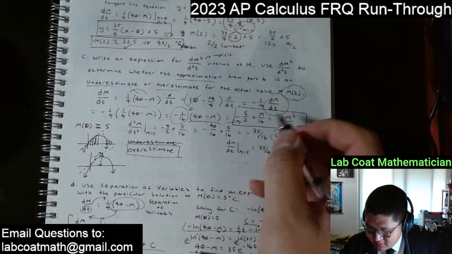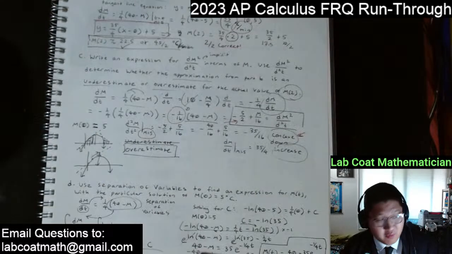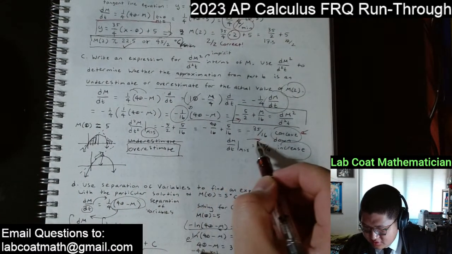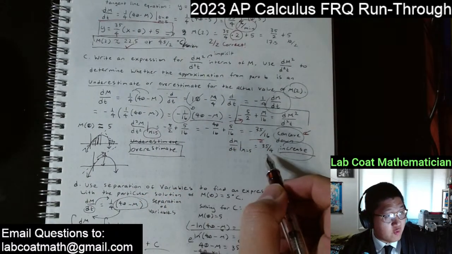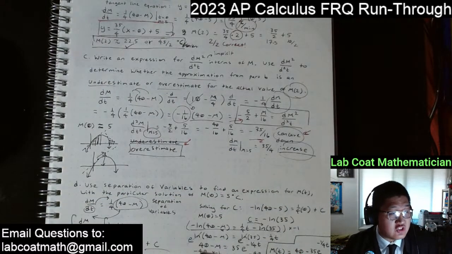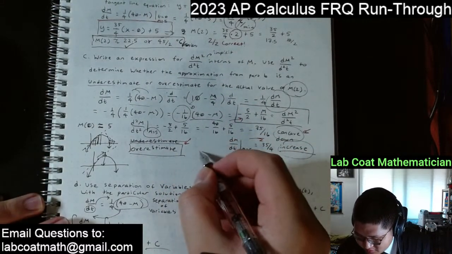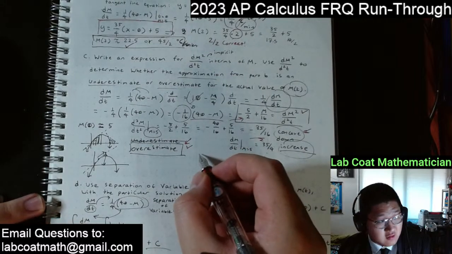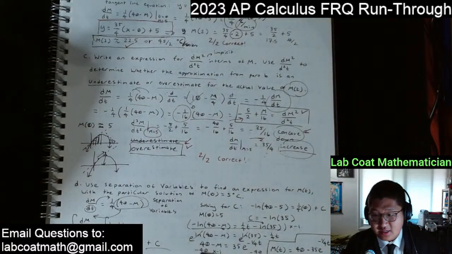Because of this, we can prove that we are looking at concave down, because at the point that we were estimating, m is equal to 5, we end up with a negative result, a concave down. And because we were increasing early with the 35/4 on the first derivative, we were indeed overestimating the actual result of the m of 2. So both will be correct for both the second derivative evaluation and the overestimate conclusion. That will be all 2 out of 2 correct again for part C.